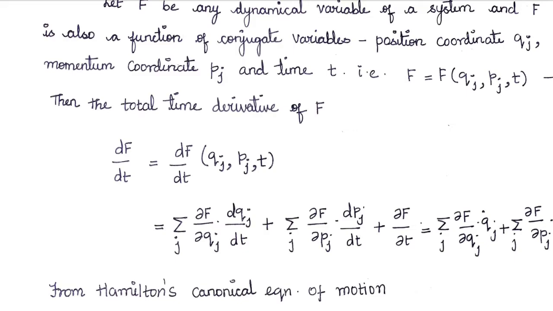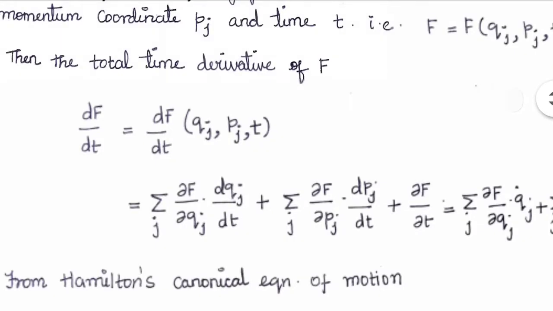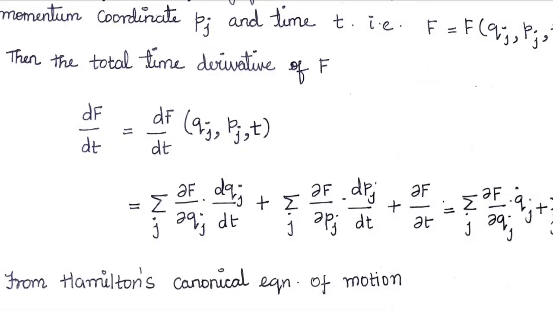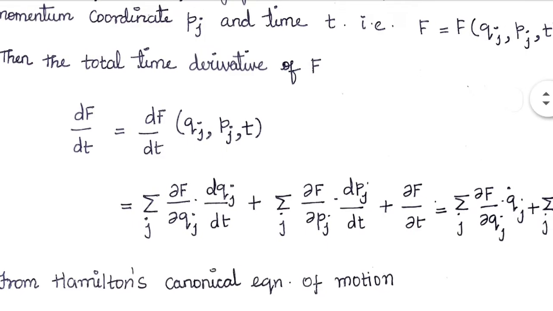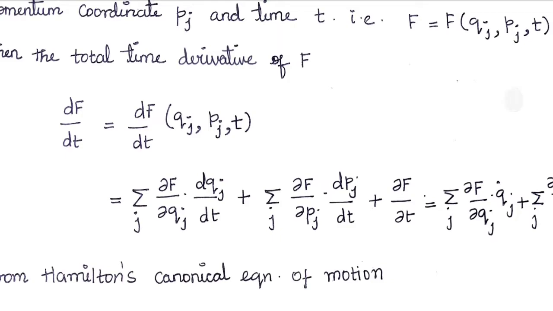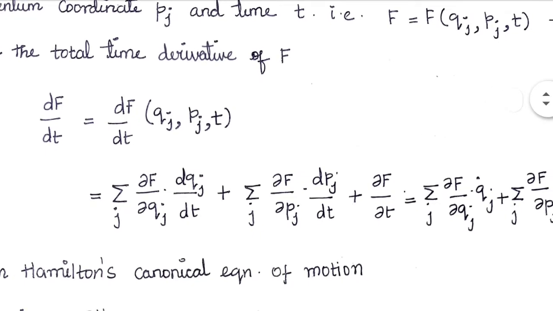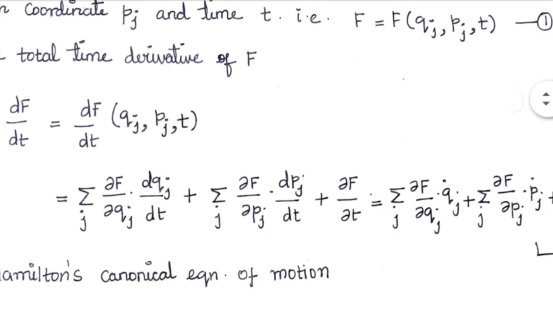So using a chain rule, we can differentiate this f, which is the function of qj, pj and time. When we differentiate, we will get summed over j dou f by dou qj into dqj by dt plus summed over j dou f by dou pj into dpj by dt plus dou f by dou t into dt by dt. This dt by dt will get cancelled.